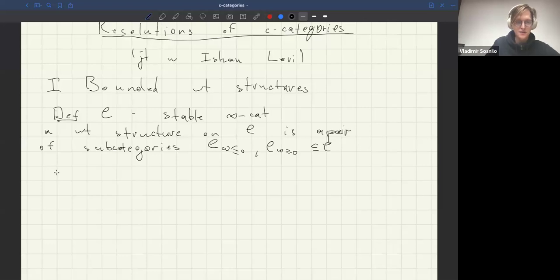Yes, satisfying a few axioms. So the first axiom is that they're closed under correspondingly negative and positive suspensions.